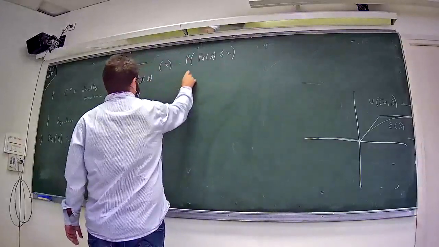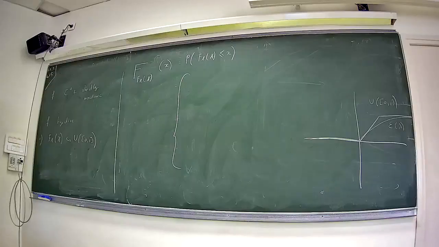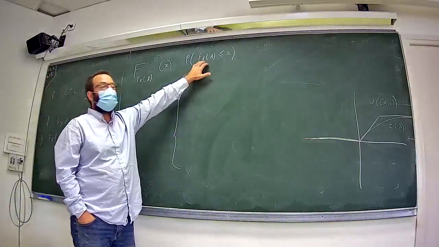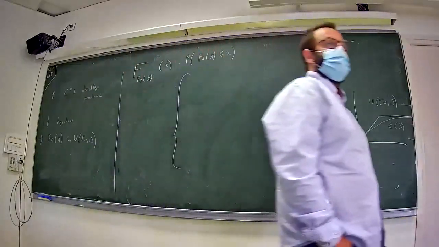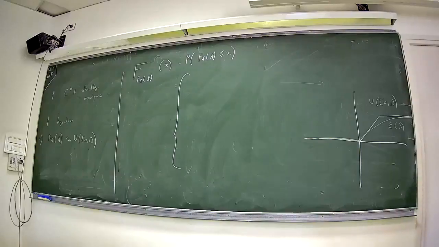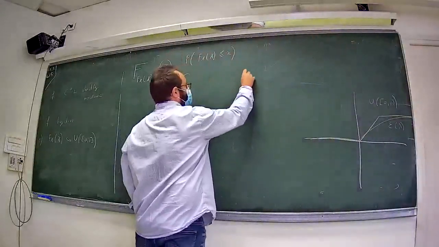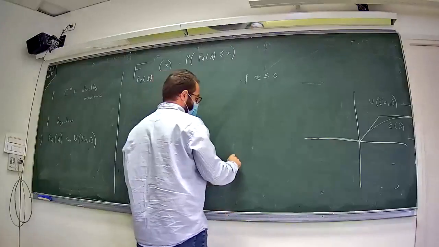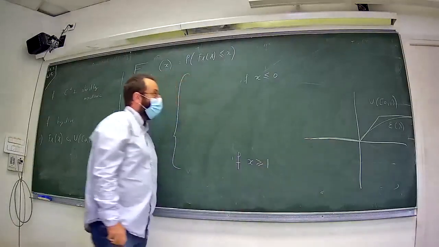So I have cases that are not that difficult to compute. What are the possible values for F_X(X)? 0, 1. I am inside the interval 0, 1. So typically, I know what happened.